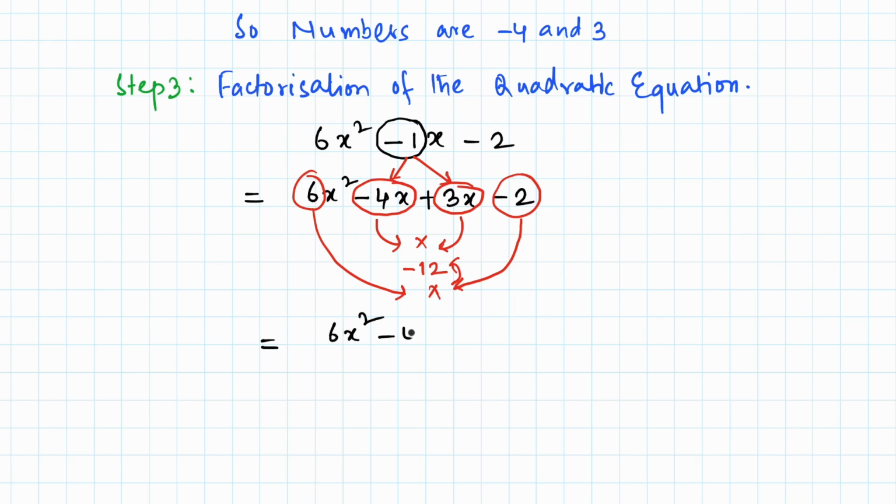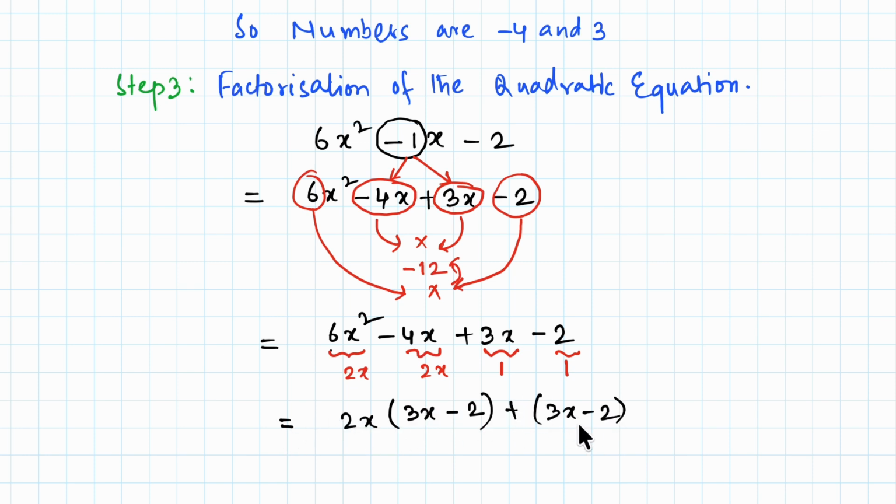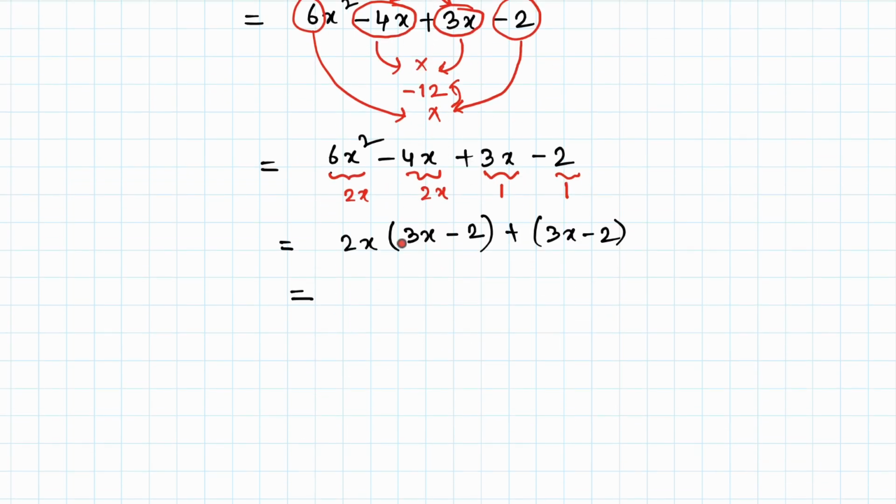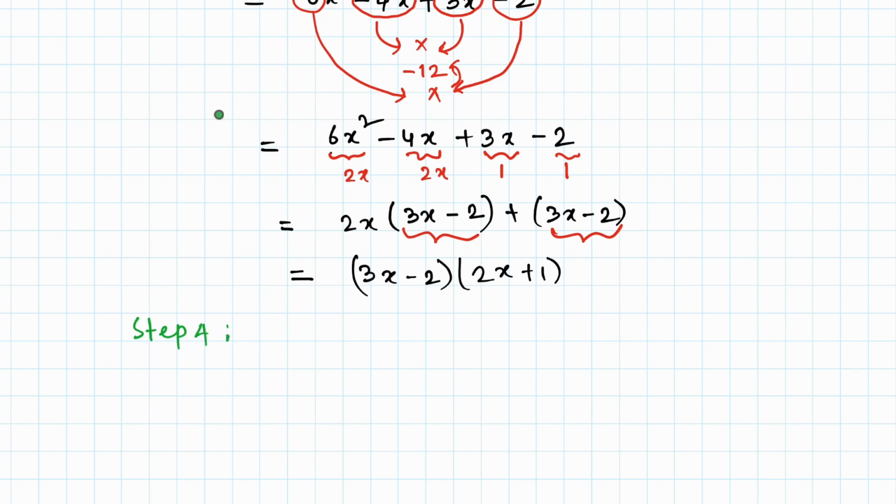Now we are taking 2x common from the first two terms and 1 common from the other two terms. 2x becomes 3x minus 2, and here taking 1 common, it is also giving me 3x minus 2, which is the common part. So we are taking out this common part, 3x minus 2, times 2x plus 1. These are the two factors.